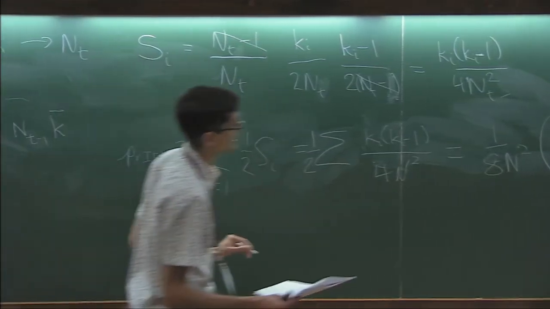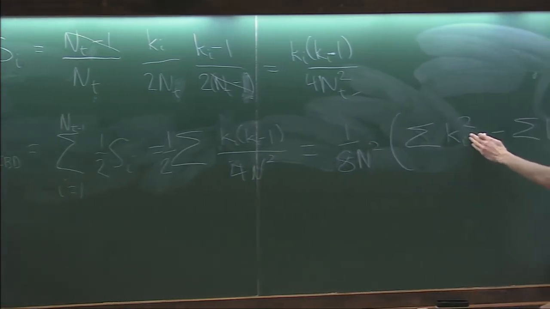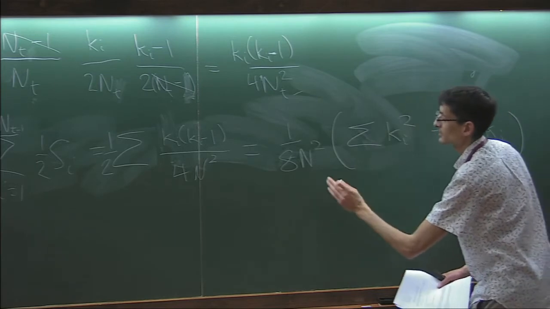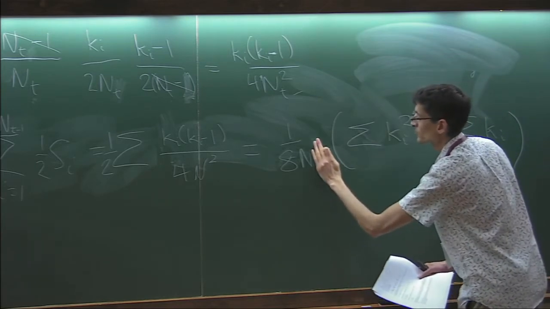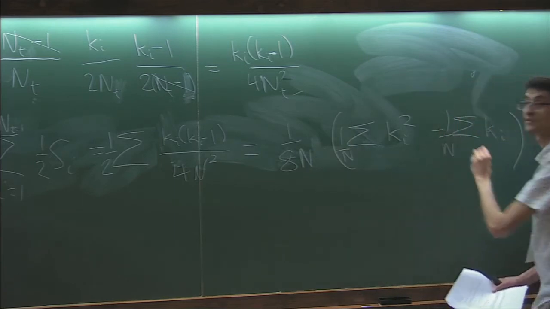Or I'm going to leave that for now. This is the sum of the squares, right? And I'm actually going to put one factor of n in here and one factor of n in here.